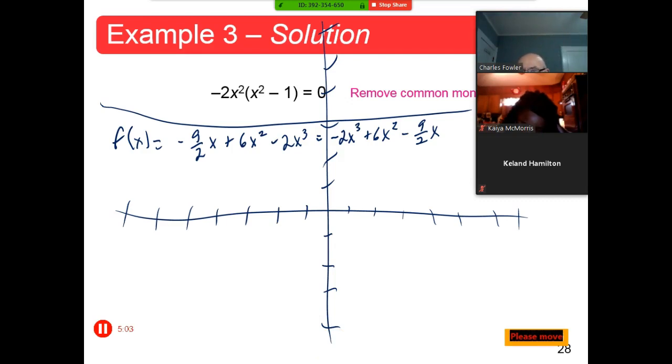Now, first thing I'm going to ask myself, since sketching is the whole purpose here: what was the first thing we did about higher order functions? Do you remember? It was called the end behavior.